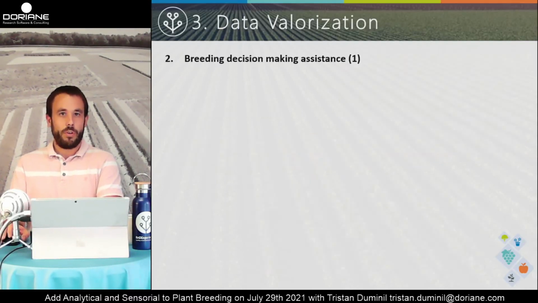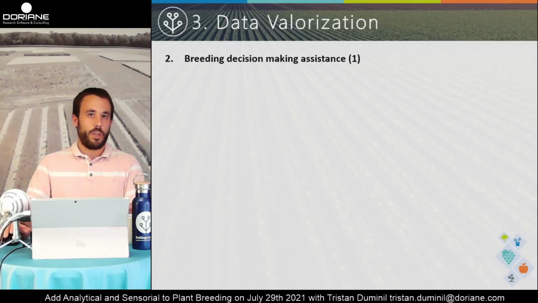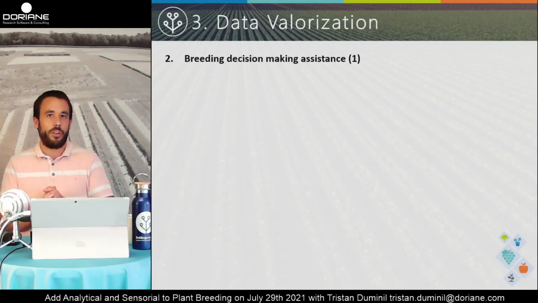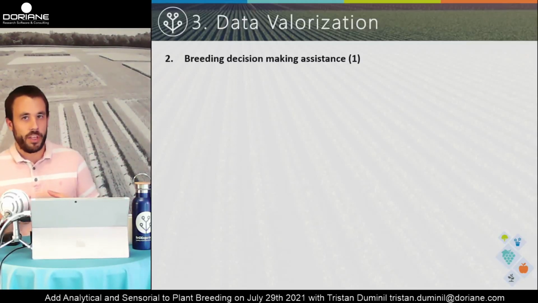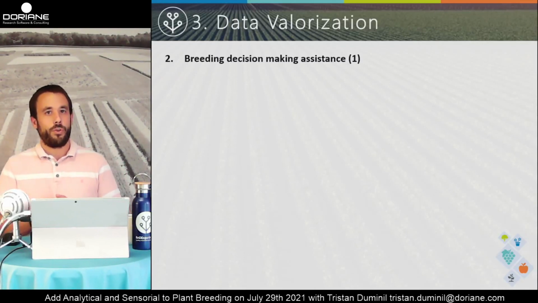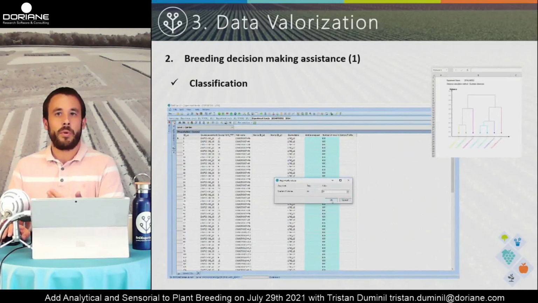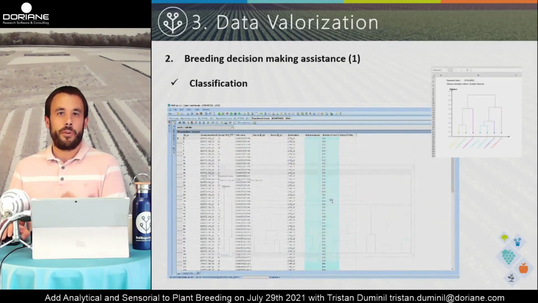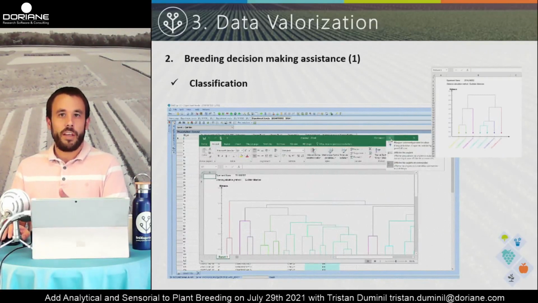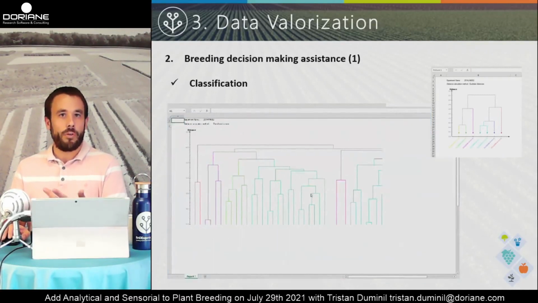Another example: this analytical information should be analyzed to classify the cultivars and build new breeding clusters. So Dorian proposes to integrate into the data management system algorithms of hierarchical classification, which can be used on numerical or qualitative data.